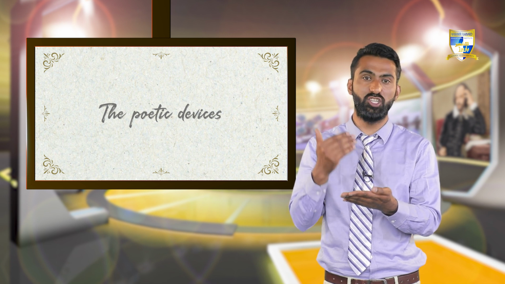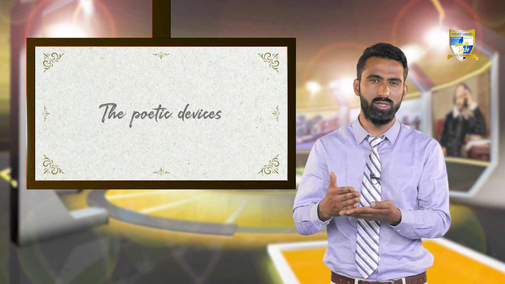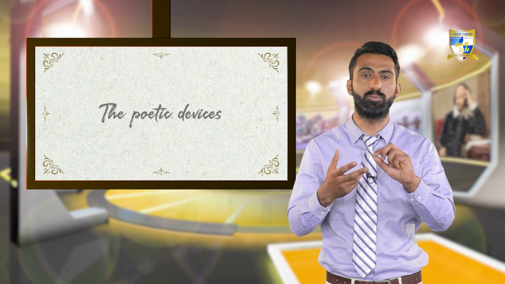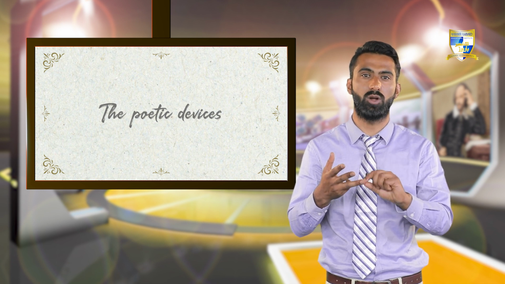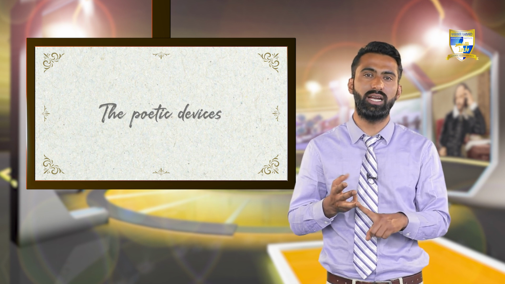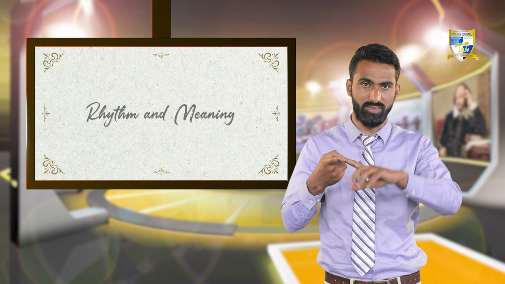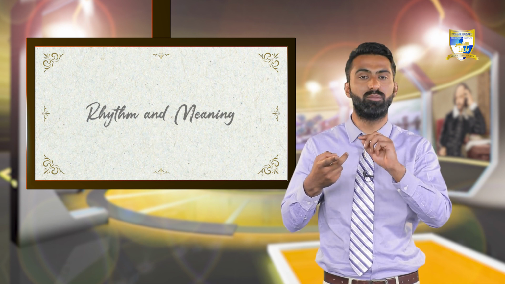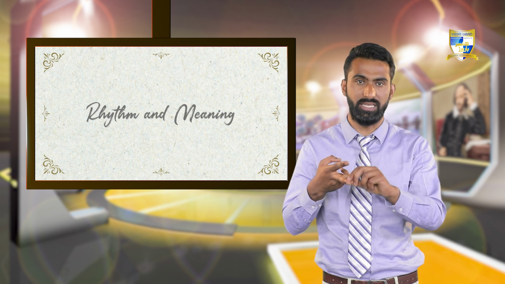He uses an extraordinary style, and for that achievement, he uses some tools, some techniques, some devices which are called poetic devices, poetic techniques, or literary techniques. So why does a poet do that? In order to enhance two things. Number one is rhythm, the melody, the music, and number two is the meaning.